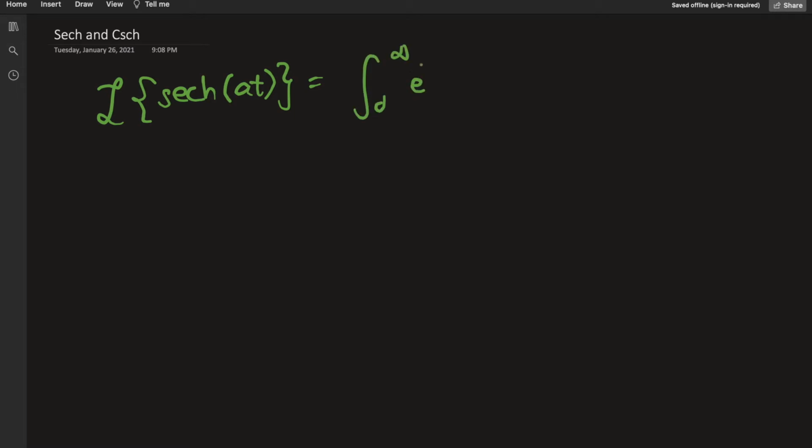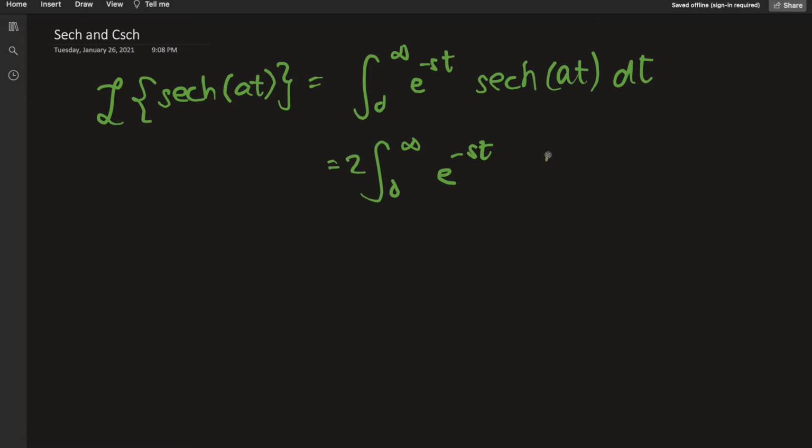So we just write the integral definition and then the definition of the hyperbolic secant. So we have 2 over e raised to at plus e raised to negative at dt.